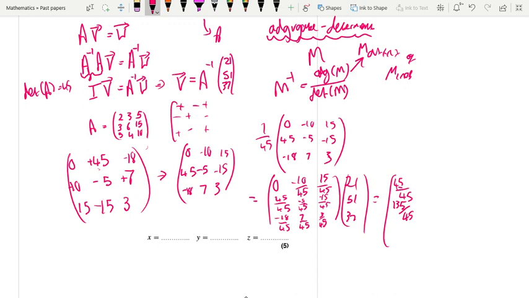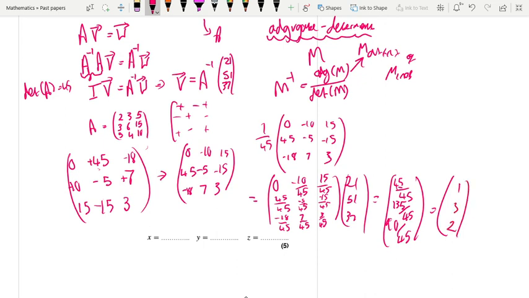Let's see if we can get a nice number for the last one. So minus 18 times 21 plus 7 times 51 plus 3 times 37. 90, beautiful numbers. If they're wrong, I will be very sad. So our solutions are x is 1, y is 3, and z is 2.